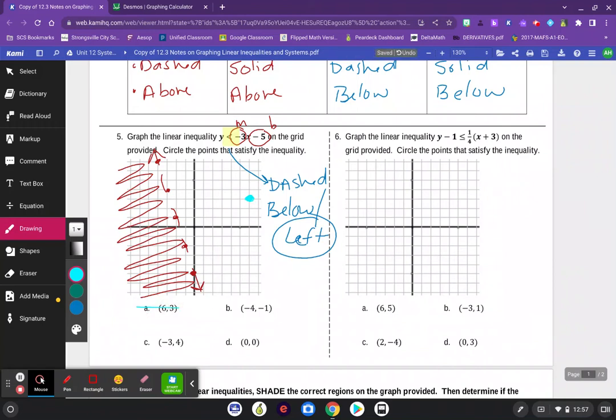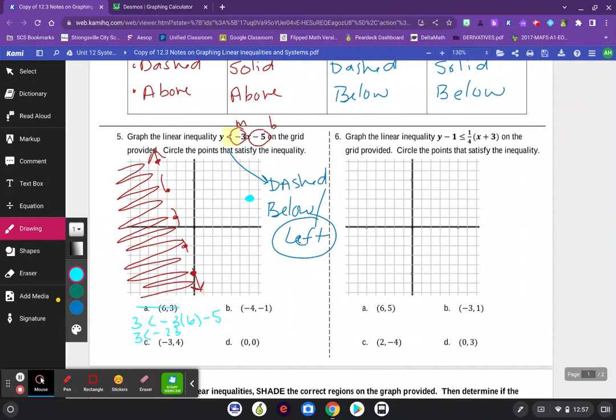I mean, I could check it. I could replace the y with 3, and say, is 3 less than -3 times the x, which is 6, minus 5? Is 3 less than -18 minus 5? That's -23. Yeah, 3 is not less than -23. So it does not make the inequality true. It's not in the shaded region.